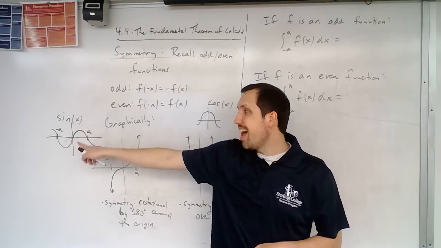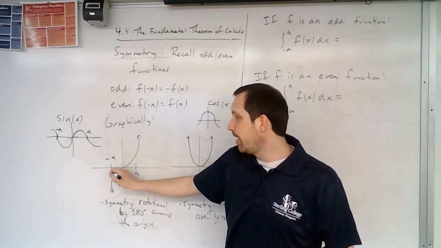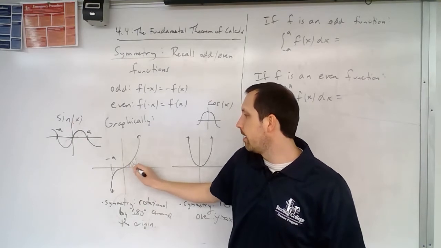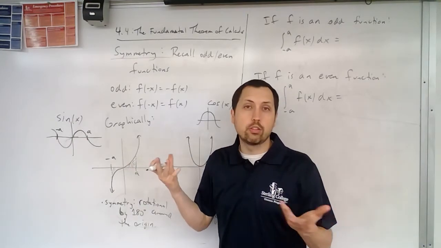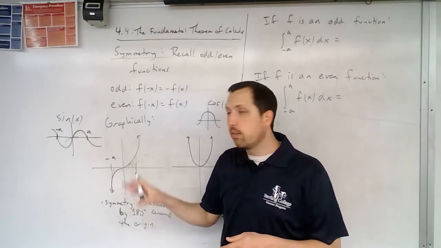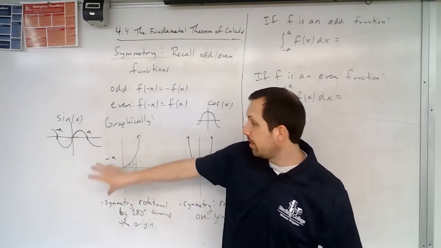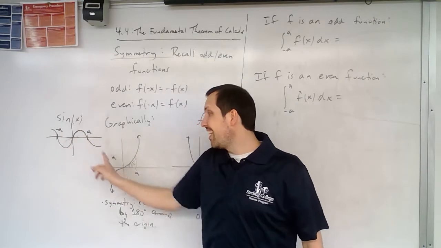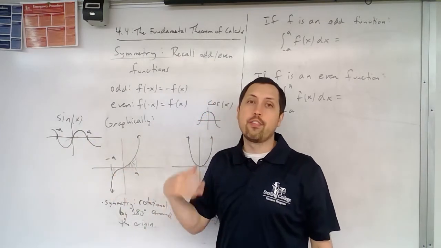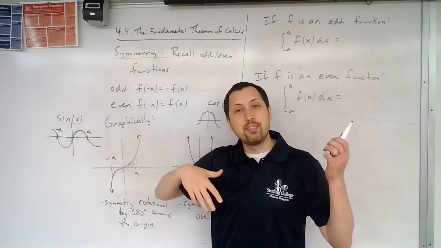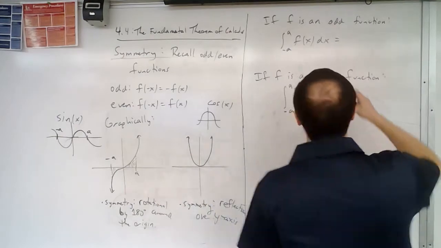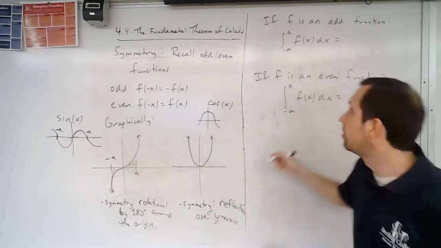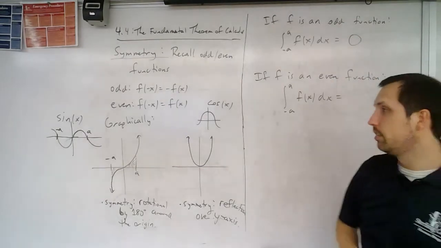Which one's going to be bigger? If this is odd symmetry and I rotate this, these should be identical. So if you have the same positive and the same negative area, as long as we go from negative a to a, the net area is going to be 0.